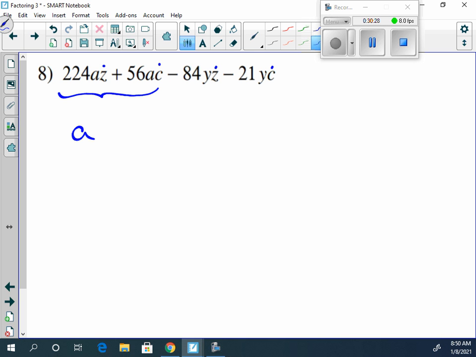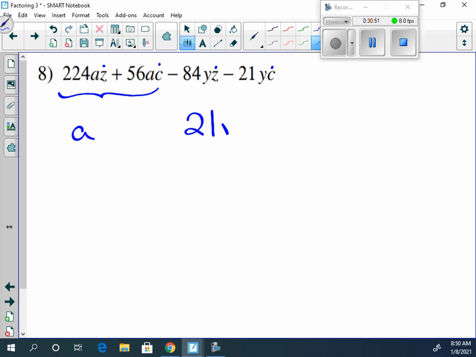Let's look at these two here, because 84 and 21 might be a little bit easier to look at. Because I do know 3 will go into both of them, yes? Well, 21 can go into 84 4 times, yes?